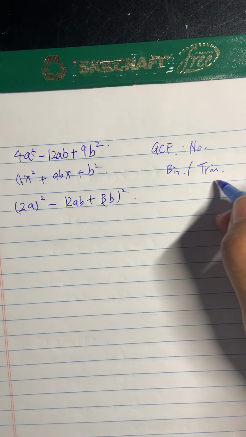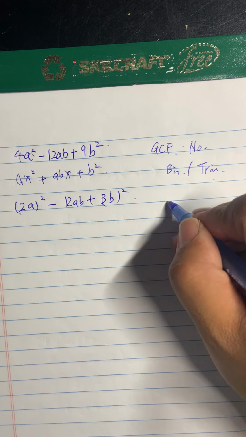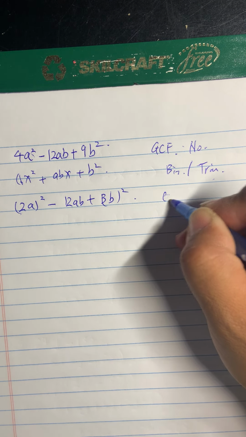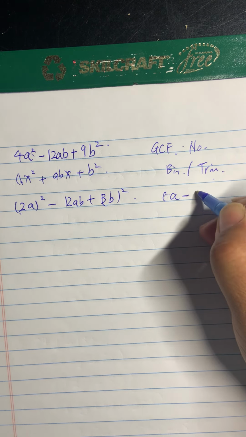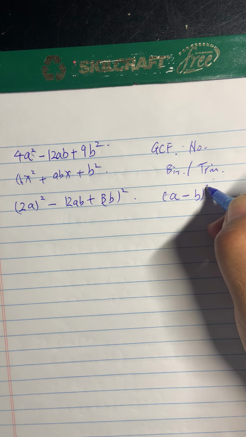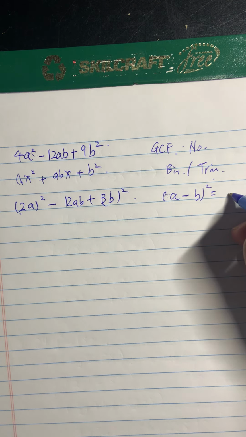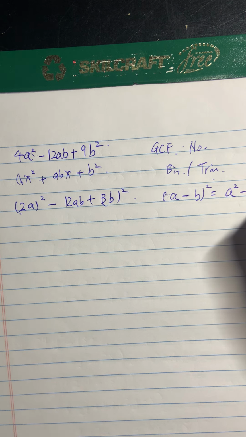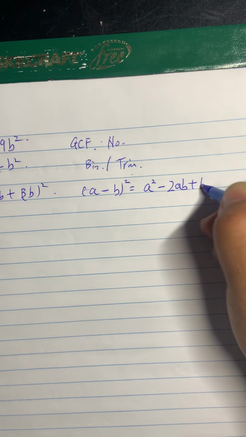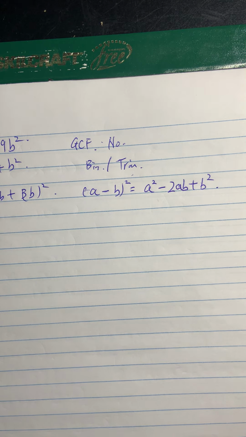And we try the normal formula like this one, right? (a minus b) squared means a squared minus 2 times ab plus b squared, right?